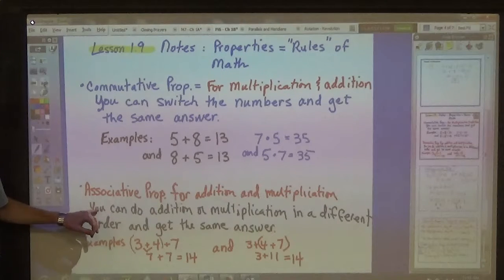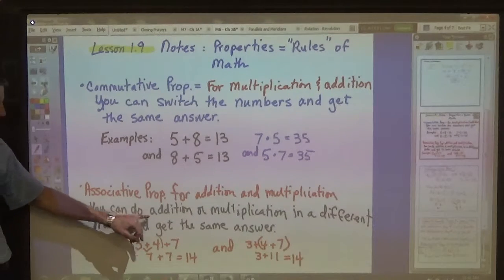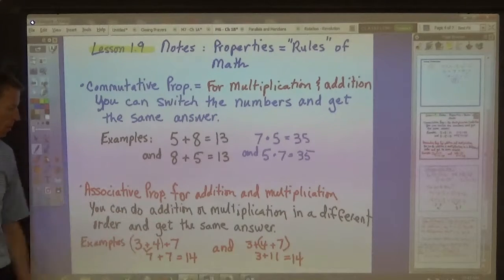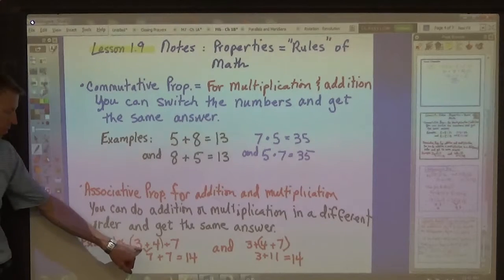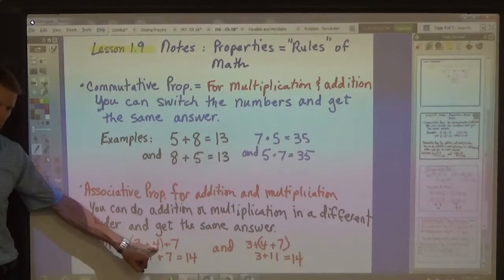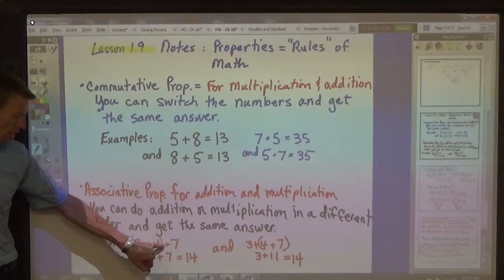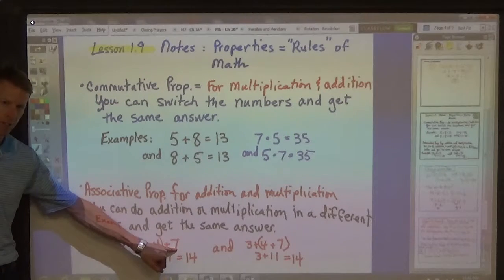So you can do addition or multiplication in a different order and get the same answer. In other words, you can either do 3 plus 4 first, and then add 7.